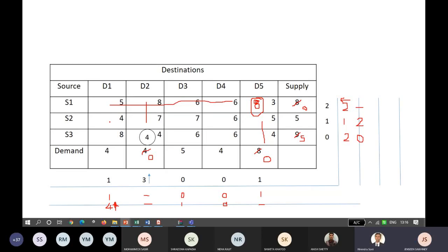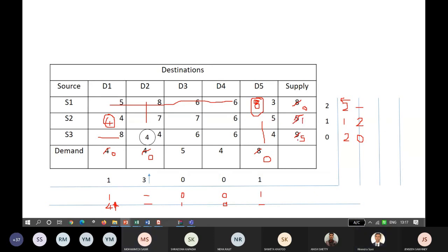So how much can we allocate here? 4. So the minute we make an allocation of 4, it has exhausted. This has become 0. So no further allocation would be possible here. And this has reduced to 1.